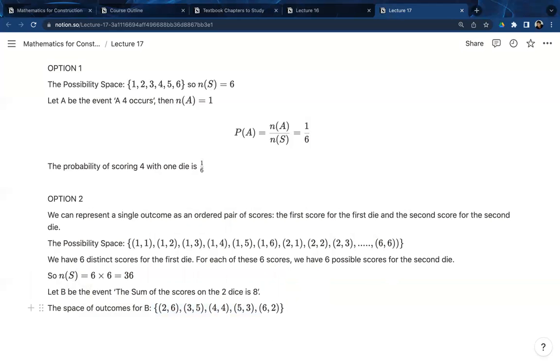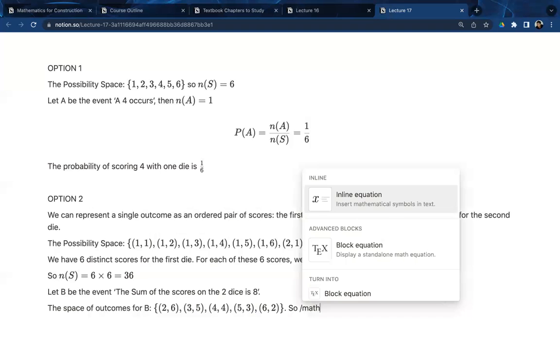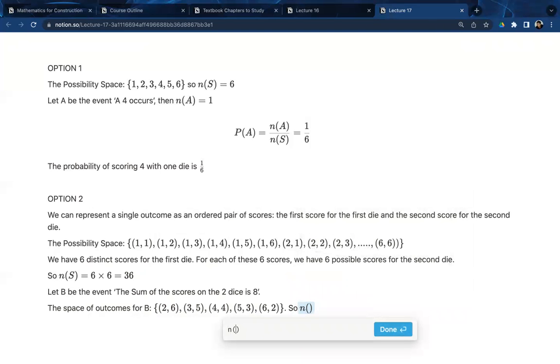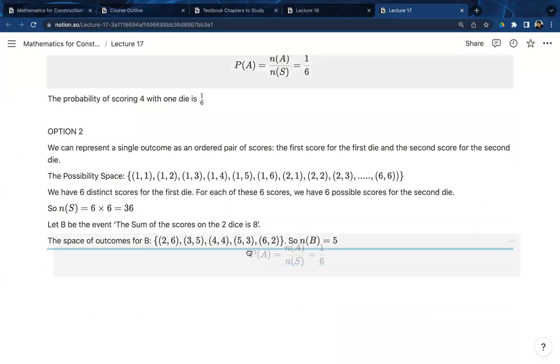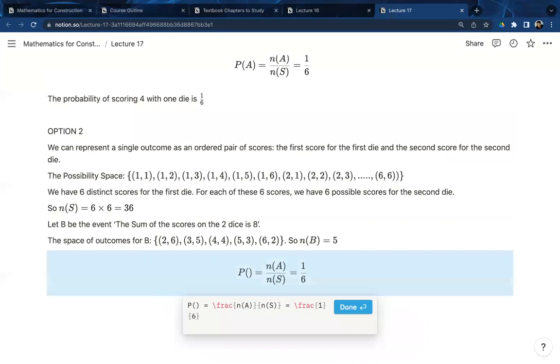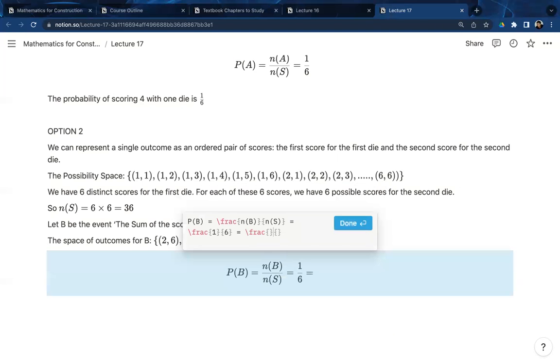So N of B is 5. So the probability of B occurring is N of B over N of S, and that is 5 over 36.